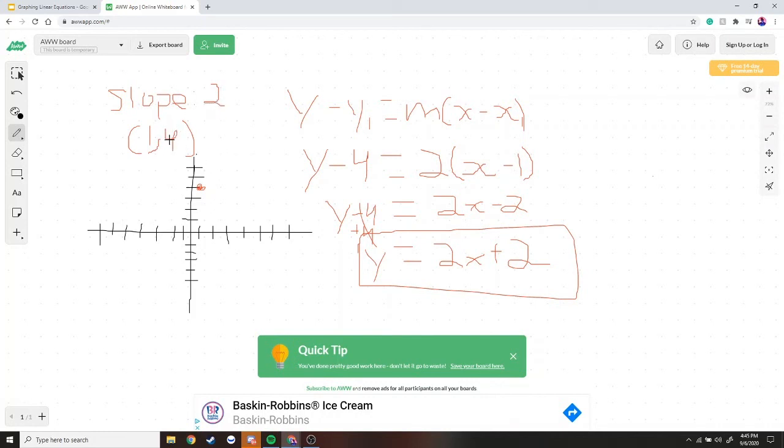Our previous y was 4, so 4 plus 2 is 6, and our previous x was 1, so if we move it one more time, then our x will become 2. So our next point will be (2, 6). And then there you have your 2 points for the graph. You just draw a line and arrows to show it's continuous, and that's it.